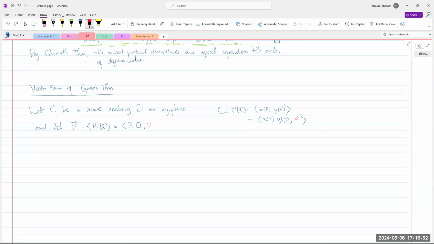So you make the third component, which was not existent, now become 0.